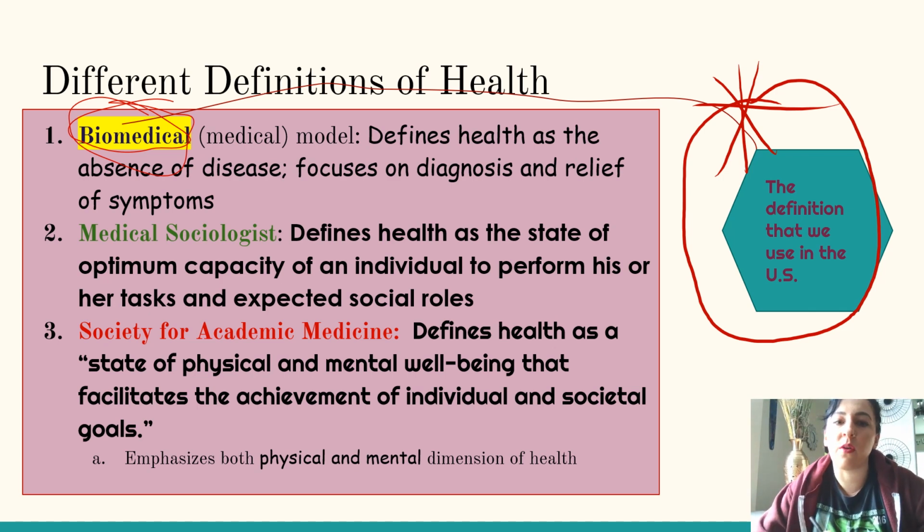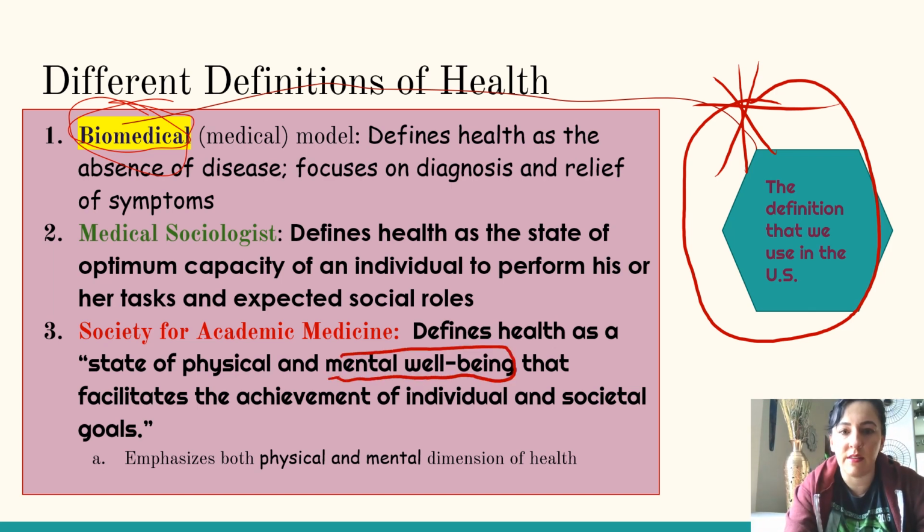The Society for Academic Medicine defines health as a state of physical and mental well-being that facilitates the achievement of individual and societal goals. This definition introduces a mental element.